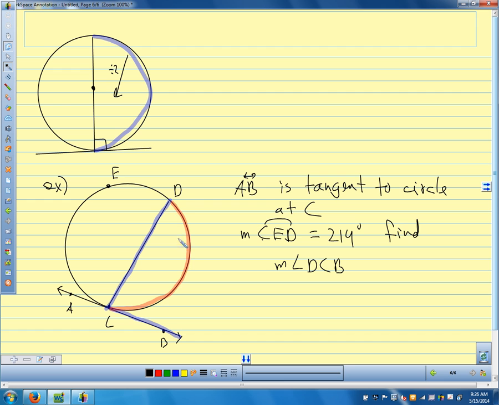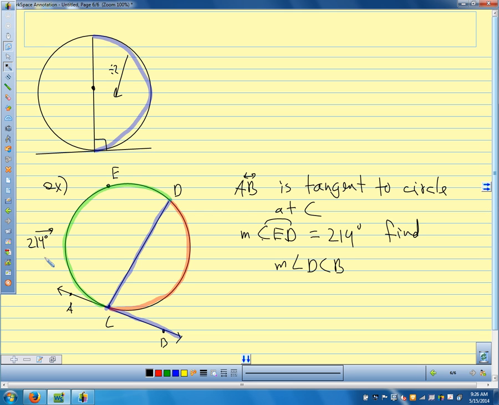That's the red there, our intercepted arc. But the problem tells us that this green arc is 214 degrees.